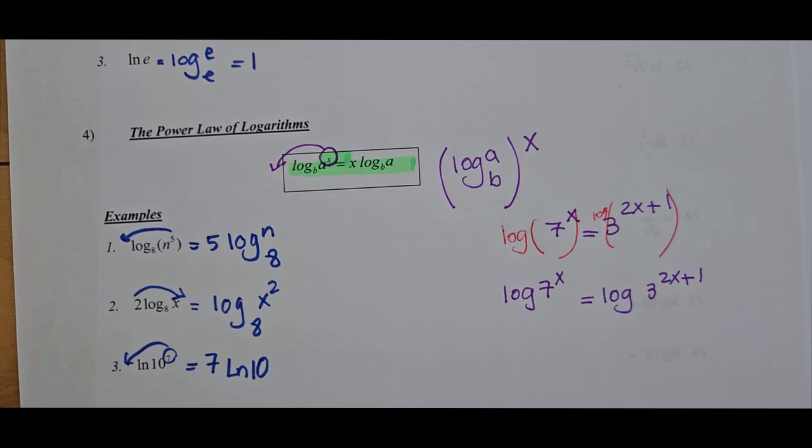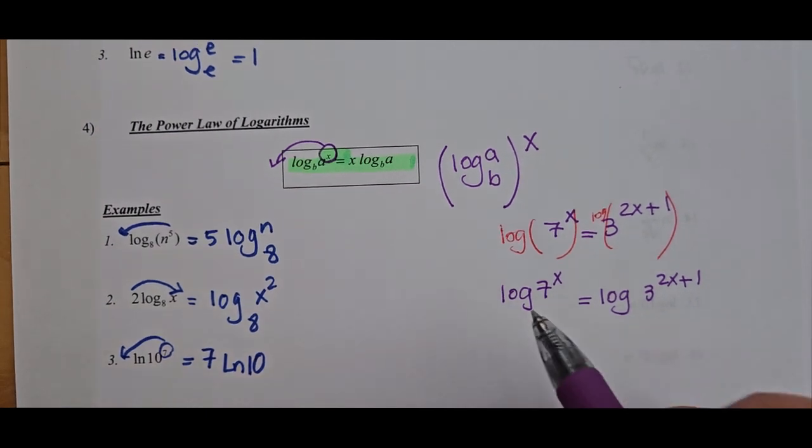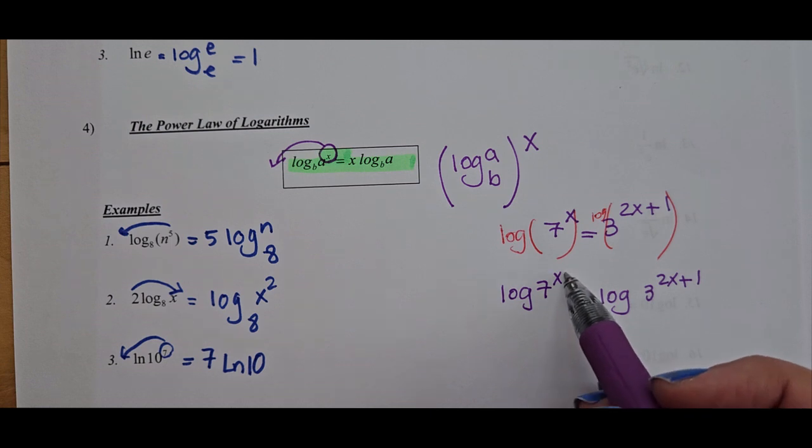If you want to use base 5, 6, 10, it's up to you. But whatever base you use, it must be exactly the same. But the easiest base to work with is 10. If you're given a choice, the easiest base to work with is base 10 because your calculator can do base 10 in one step.